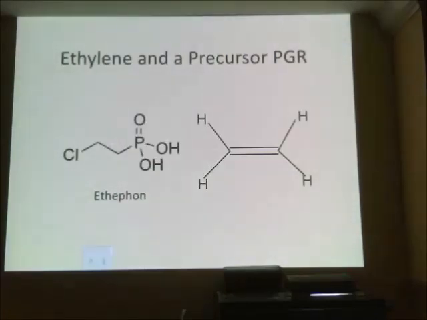So what do these things do? Well, there are 2 genes called ETR and CTR, which were identified back in 1993, and they prevent fruit from ripening up until the point when ethylene is produced. What ethylene does is shut down those genes, ETR and CTR.